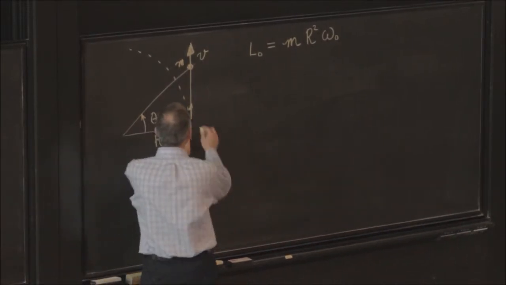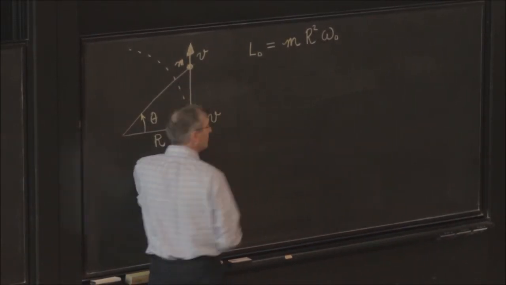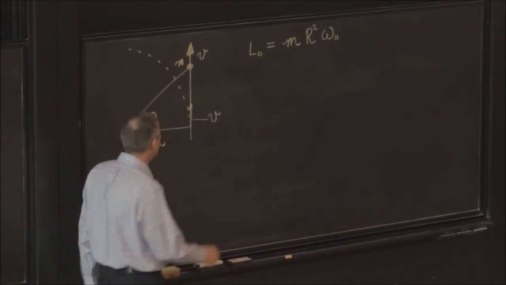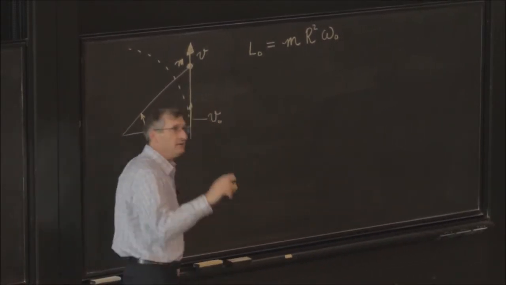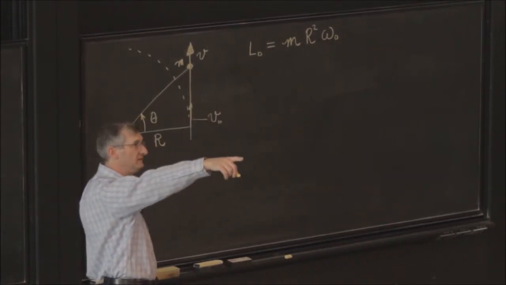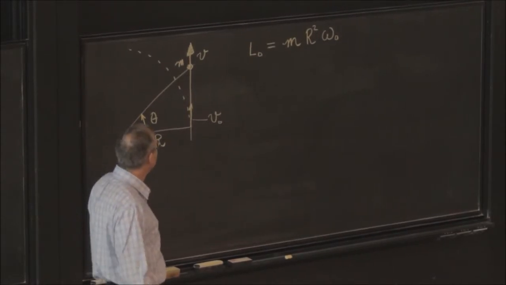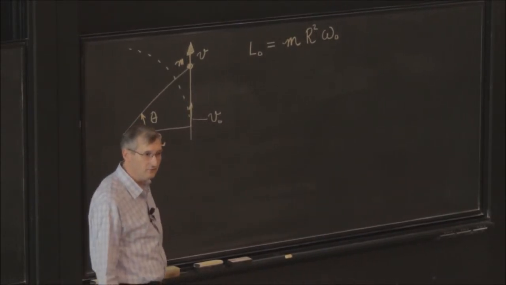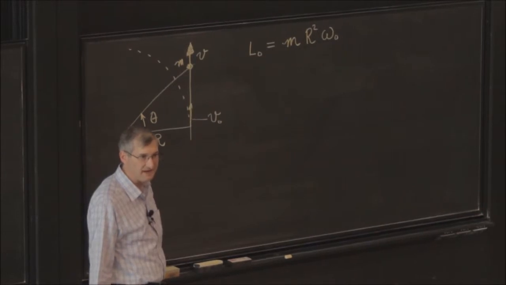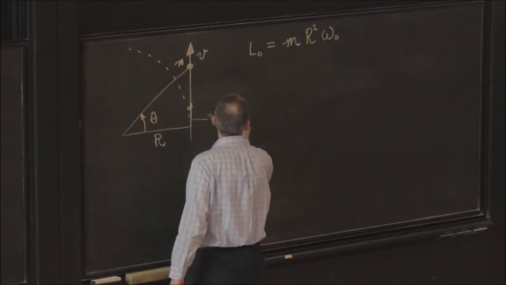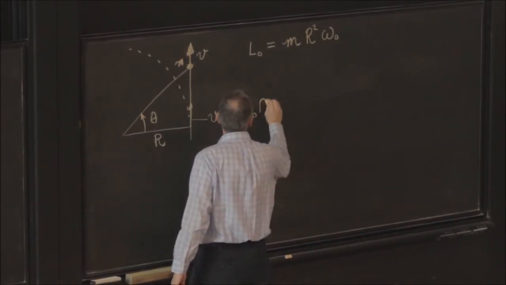So I'm going to need to know how fast is it going initially. What's v naught in terms of omega naught and r? Would it be just omega naught times r? Okay, so this would be omega naught times r.